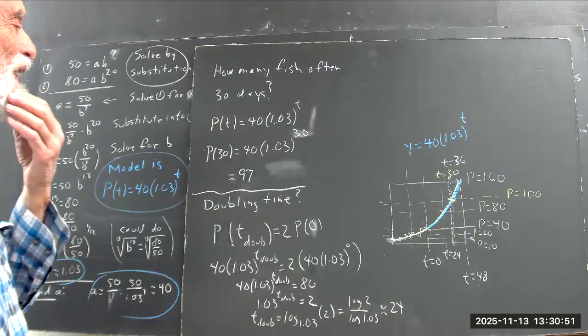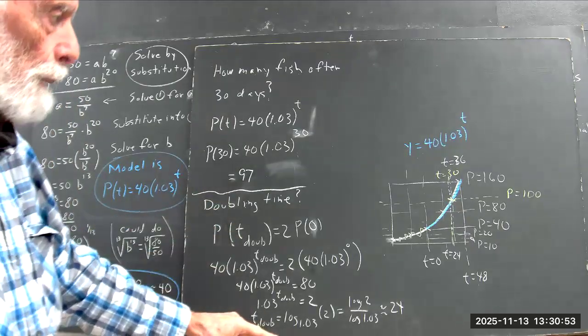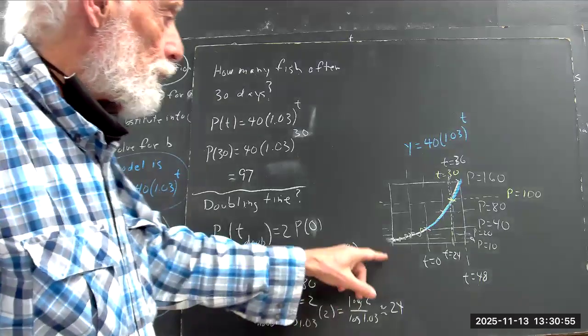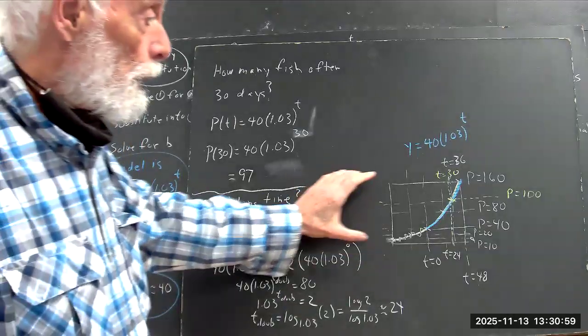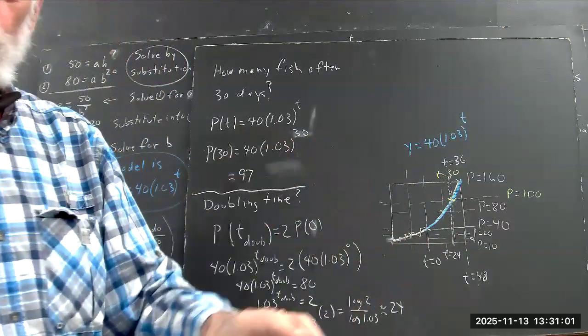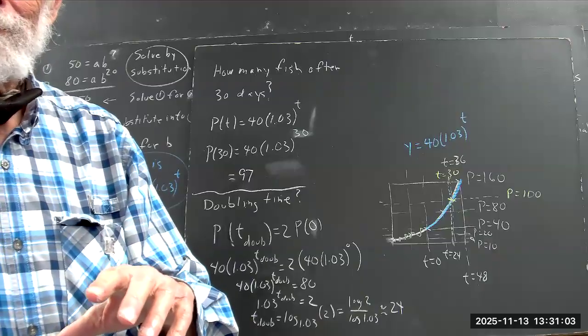So you can see that not only can you find the doubling time, you can use a doubling time to construct a pretty accurate graph. And that's where our construction of the toolkit shape comes in.